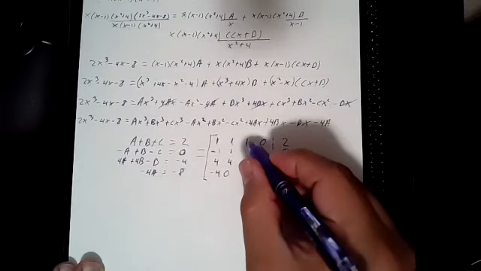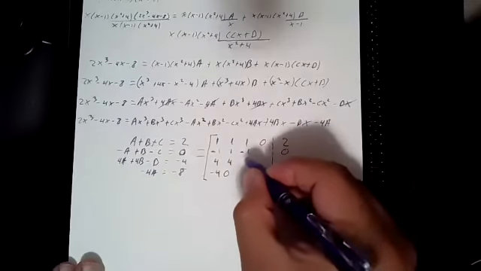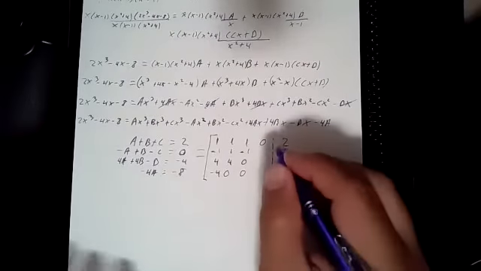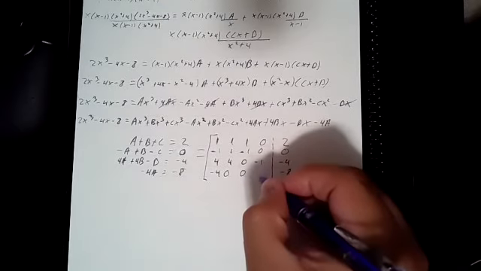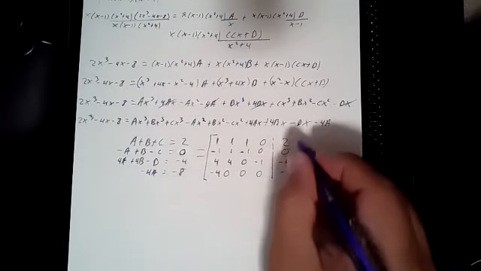C column, 1, -1, no C's, no C's. No D, -1 D, no D's.